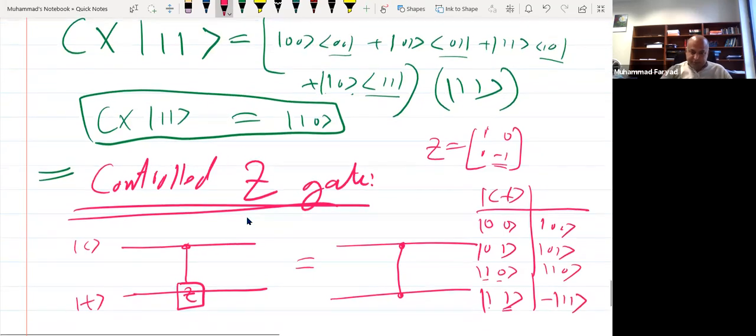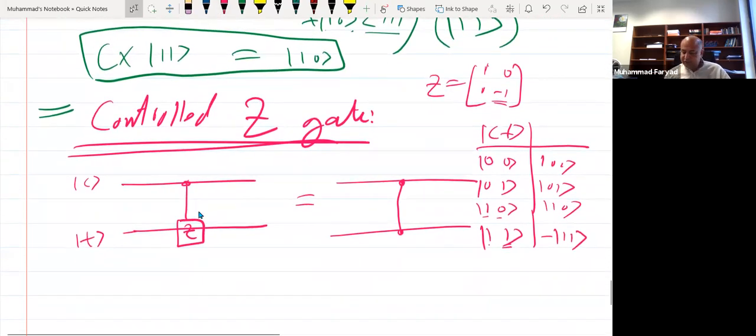And since you can see the symmetry over here, that you get a minus sign only if both of your inputs are 1, and if any one of the inputs is 0, you don't get a minus sign, you get the same output. So then it doesn't matter which one is control and which one is target. So that's why it is a symmetric gate. So it also has this symmetric notation that some people use.